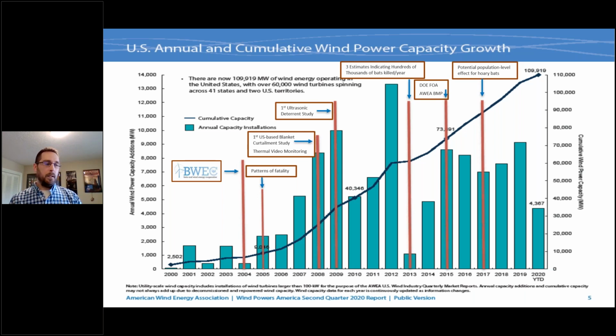And this study, based on these assumptions, showed that 90% of hoary bat populations would decline by 2050, given those set of conditions.